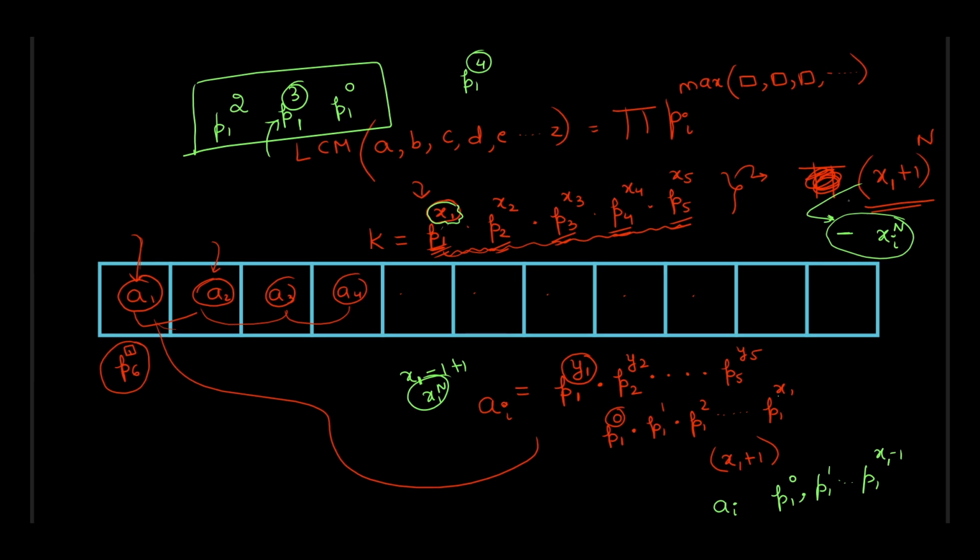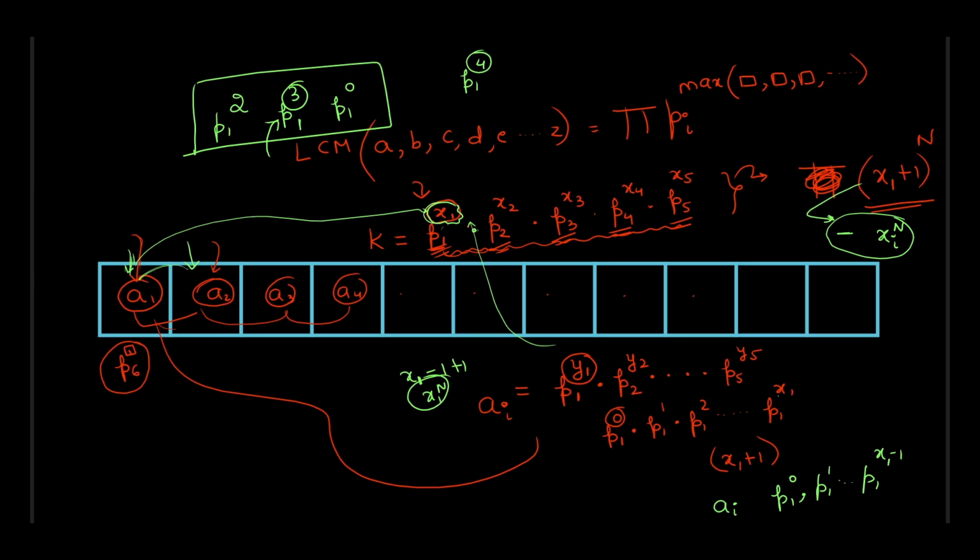And I hope you can see why we are taking the product, because each number will definitely have each of the prime factors, and as long as they respect the condition that the exponent is at most x1, they will not interfere with each other, because their final max is satisfied.